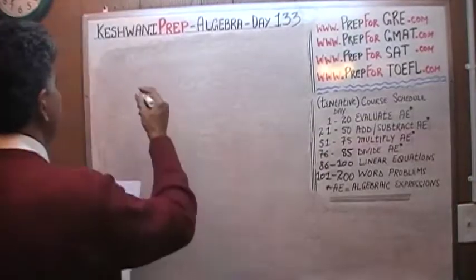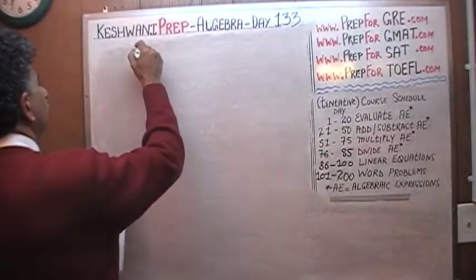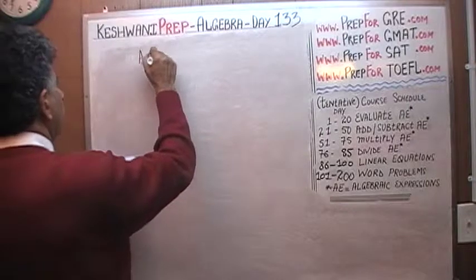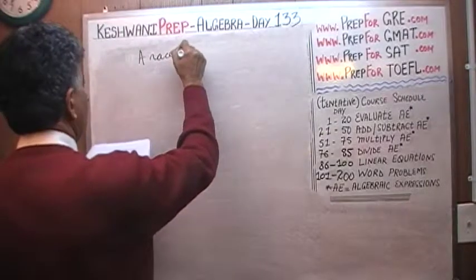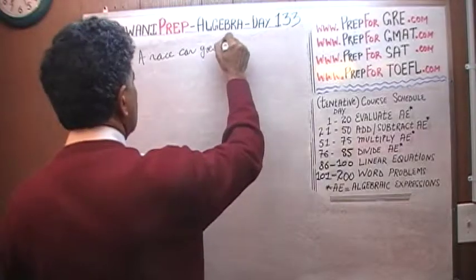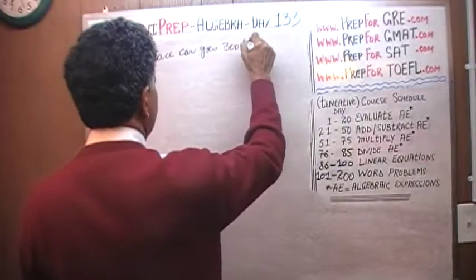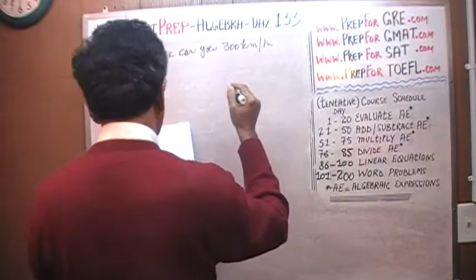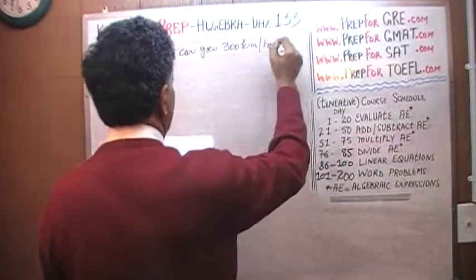It says: a race car goes 300 km per hour.